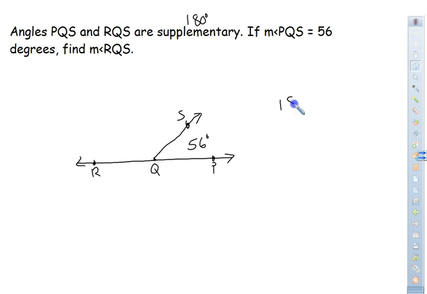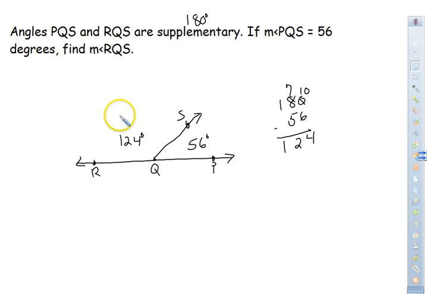So again, 180 degrees, subtracting 56 degrees from it, and we get 124 degrees as my answer.